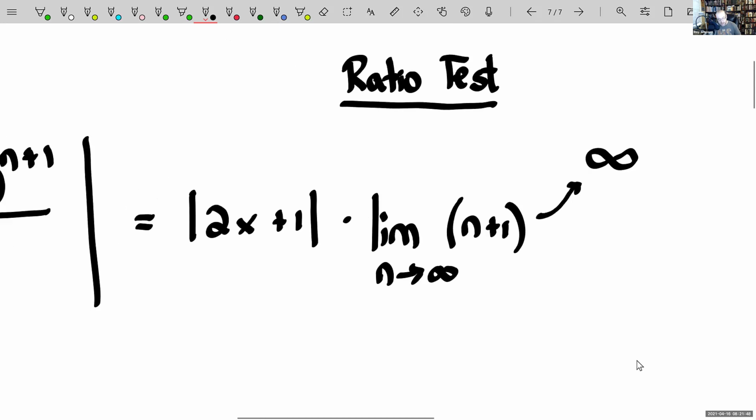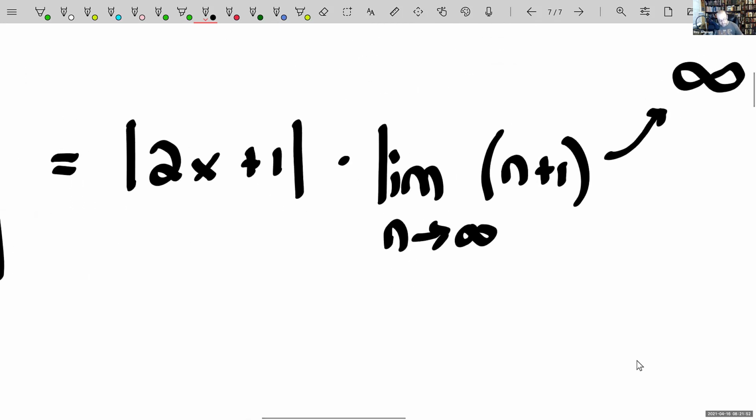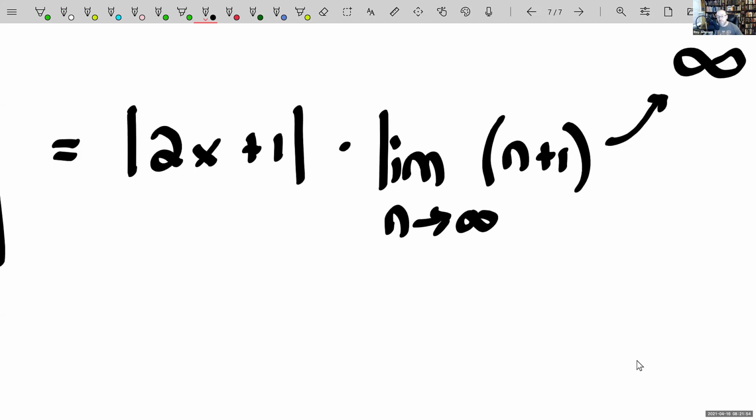So for almost any value of x that I plug in, this will be infinite. But there is one value of x that will turn this into 0. What is that value of x?